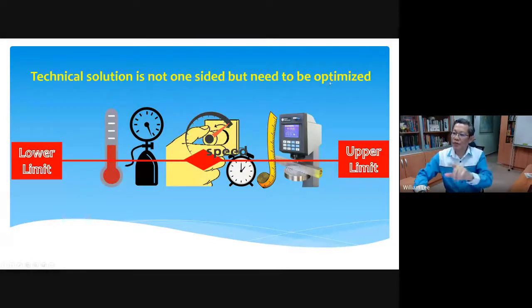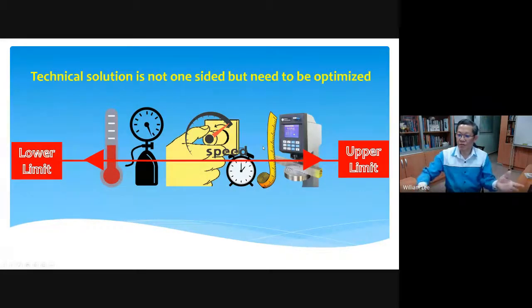You need to optimize. So here you can see that you have temperature control, pressure, the speed, the time, the distance, and even some of the material hardness. So you can see it cannot be too low, it cannot be too high. You need to optimize. So how do you optimize?